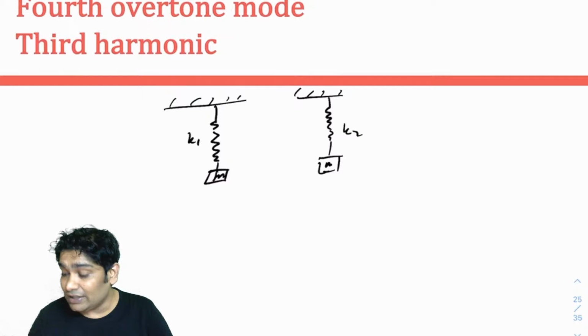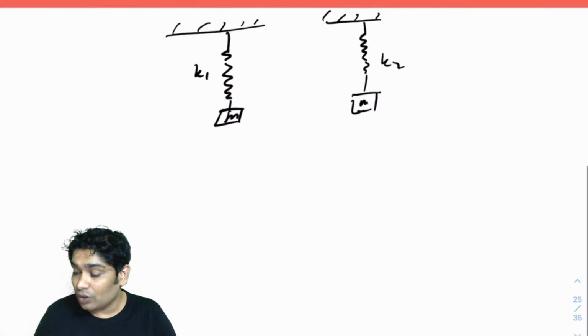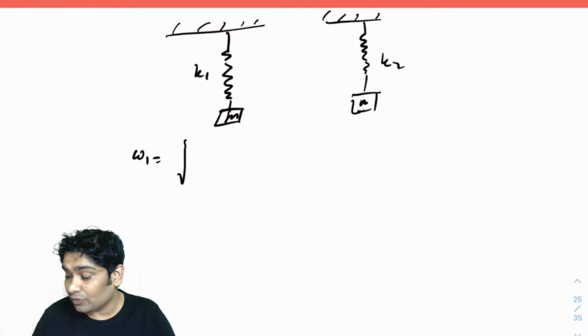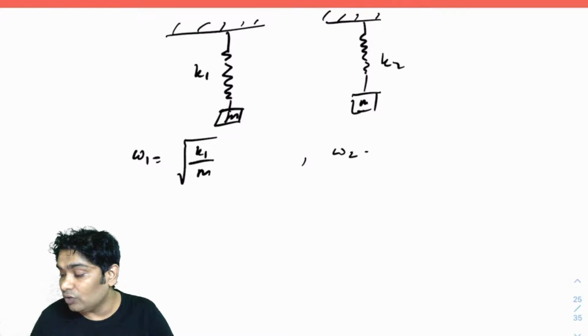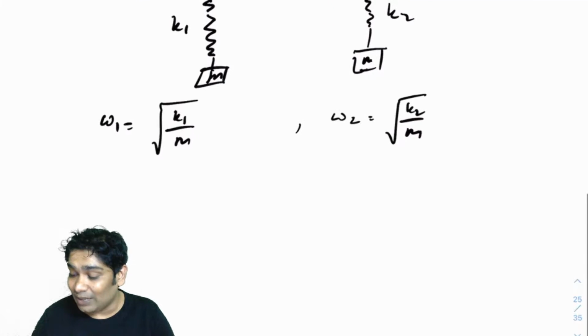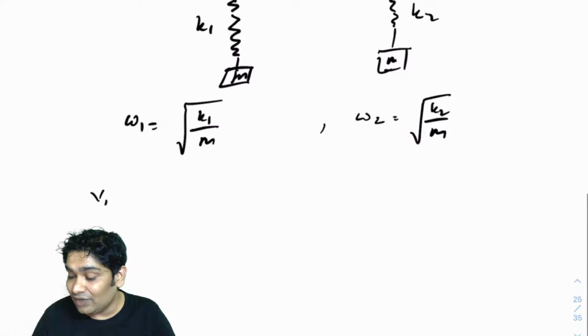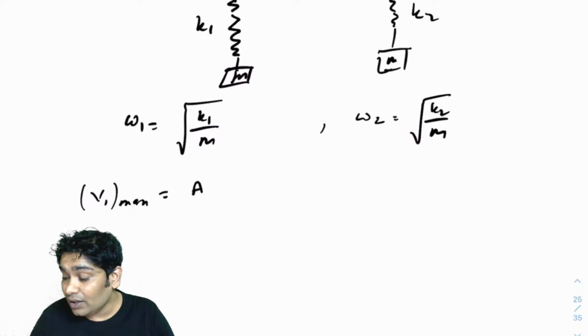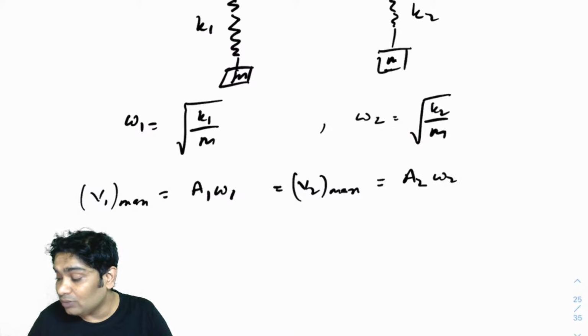Let's see what is the omega for this. Omega 1 would be root of K1 over M. Similarly, omega 2 would be root of K2 over M. Now the maximum velocities: V1 max would be A1 omega 1, which will be equal to V2 max, which should be equal to A2 omega 2.